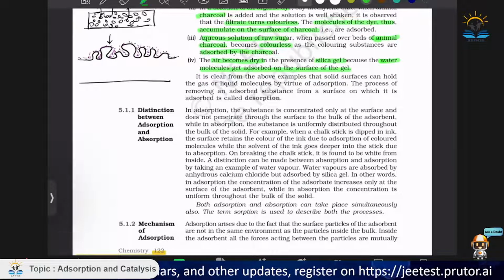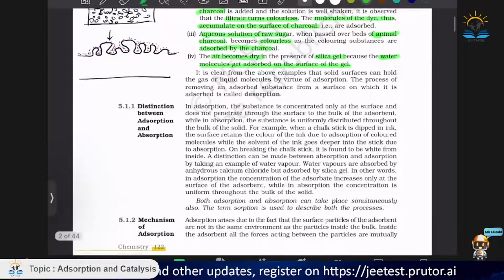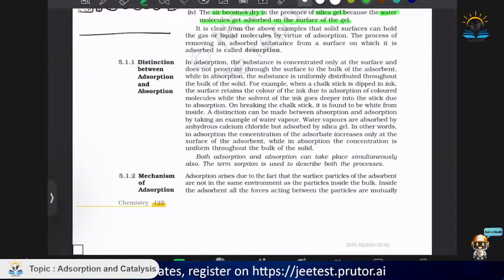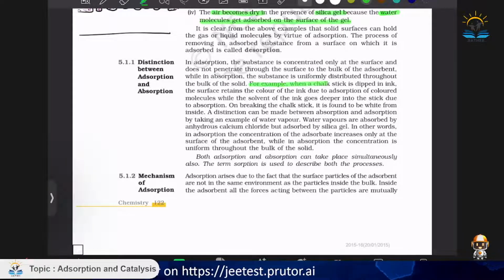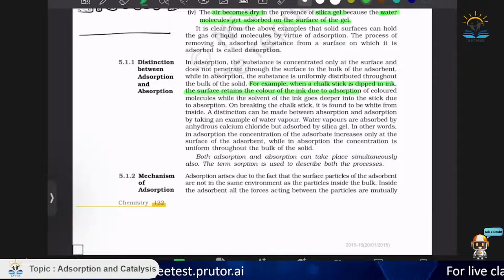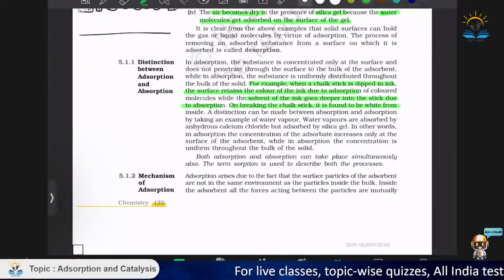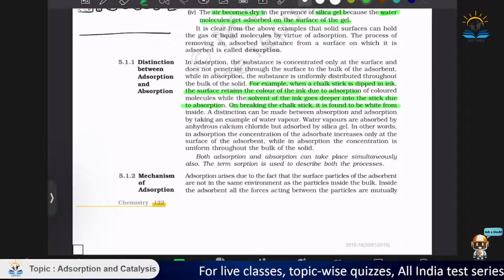Now, the reverse process of adsorption is desorption. Distinction between adsorption and absorption: I've already told you, we'll just see an example here. When a chalk stick is dipped in ink, the surface retains the color of the ink due to adsorption, whereas the solvent of the ink goes deeper into the stick due to absorption. On breaking the chalk stick, it is found to be white from inside. So ink has been adsorbed, water has been absorbed.